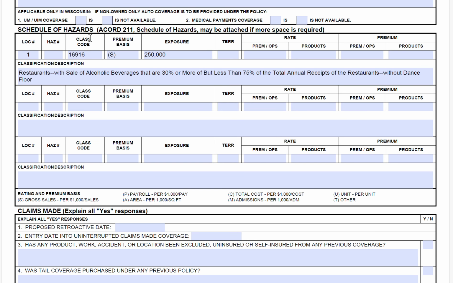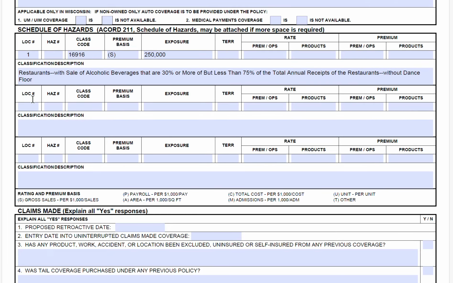Next, you'll want to go to Schedule of Hazards. If you have more than these 3 and you want to make sure that you are listing every single risk that they are doing, under the Schedule of Hazards, you'll want to have an Accord 211 if there's more than one. So for each type of operation that they're doing, you're going to want to list that here.